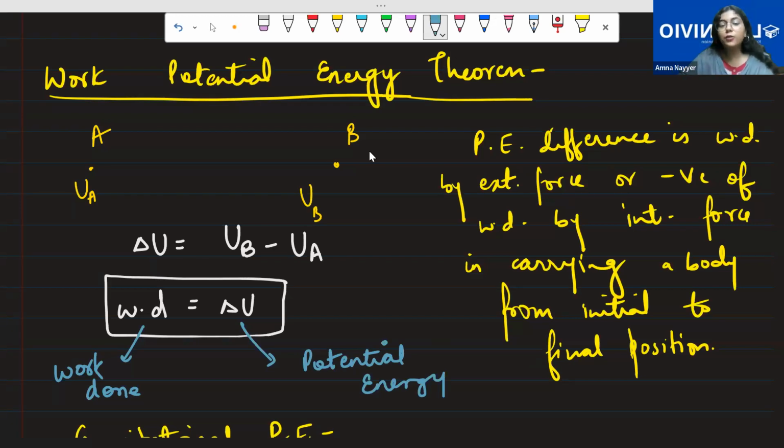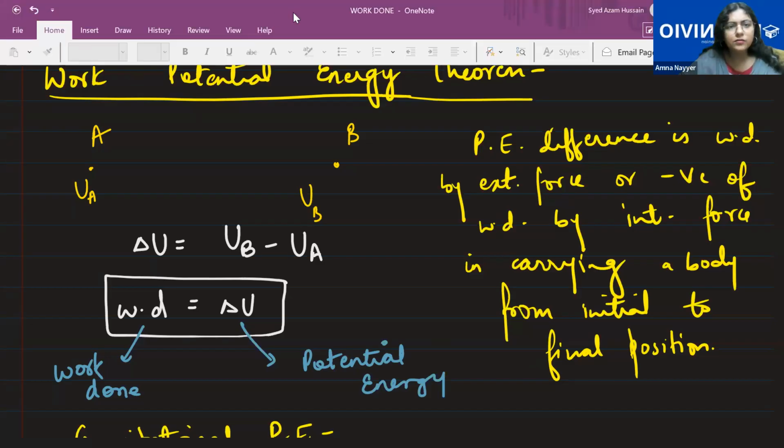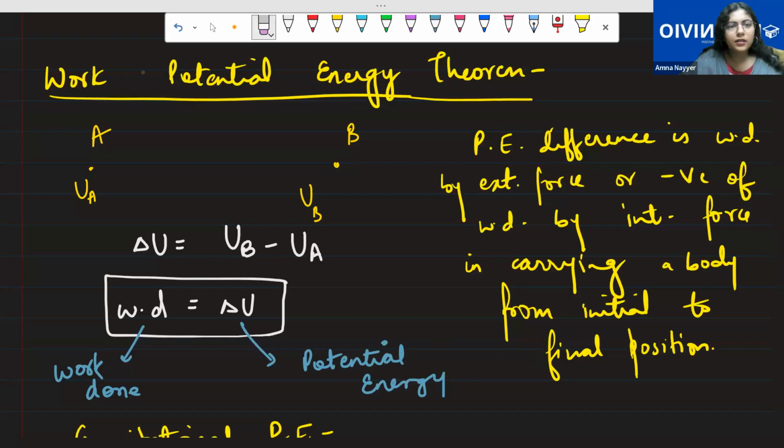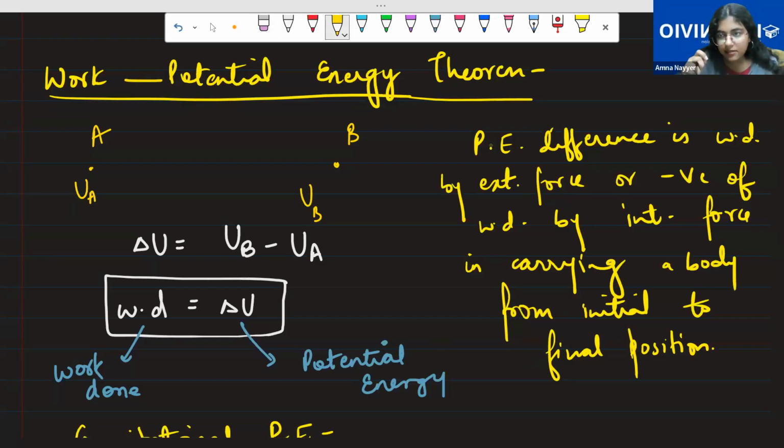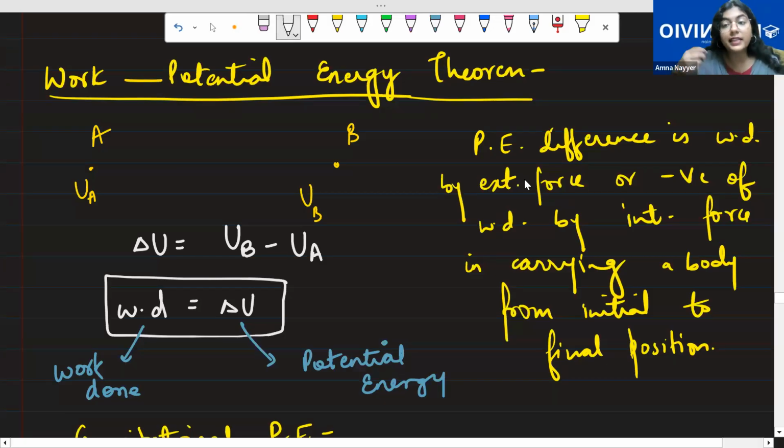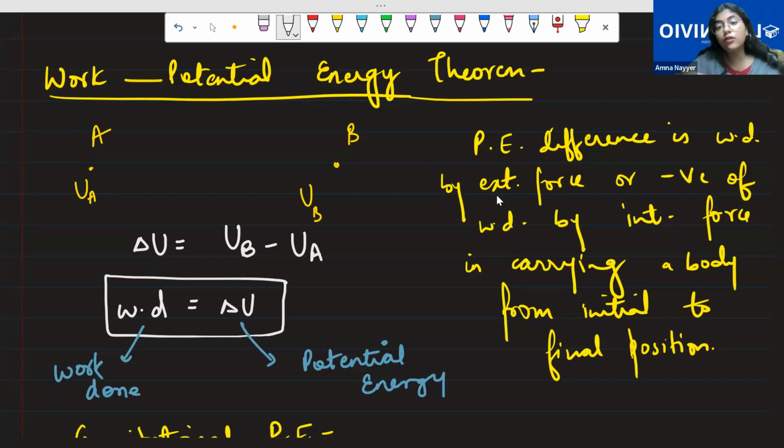Now, what is this work potential energy theorem? This can also be asked to you. The potential energy difference is the work done. This is the work done by the external force, or negative of work done by the internal force, which I told you.